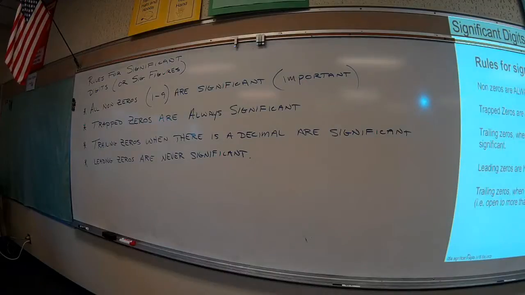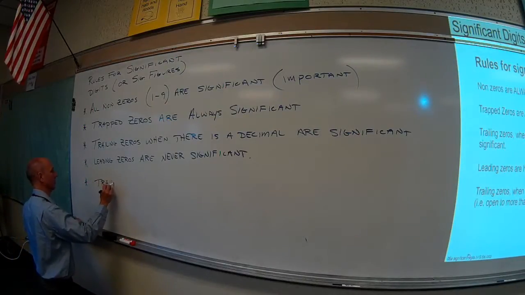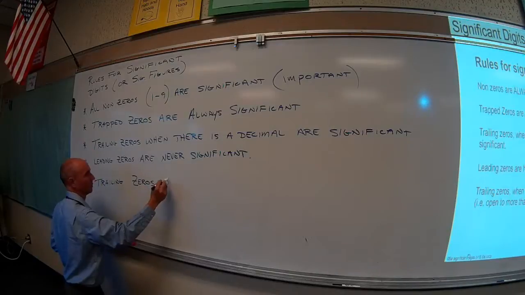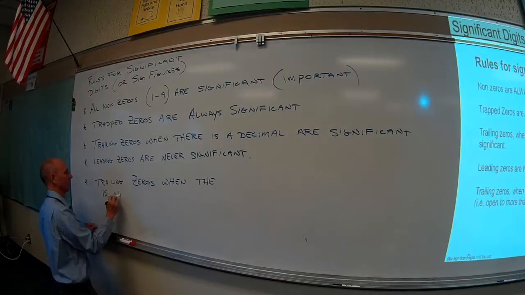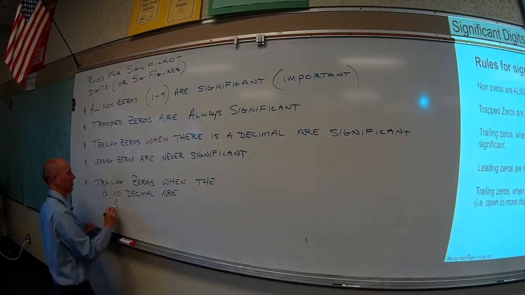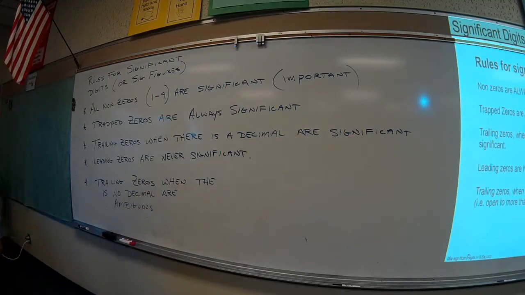Trailing zeros, when there is not a decimal, are ambiguous. Ambiguous meaning you can't really tell.